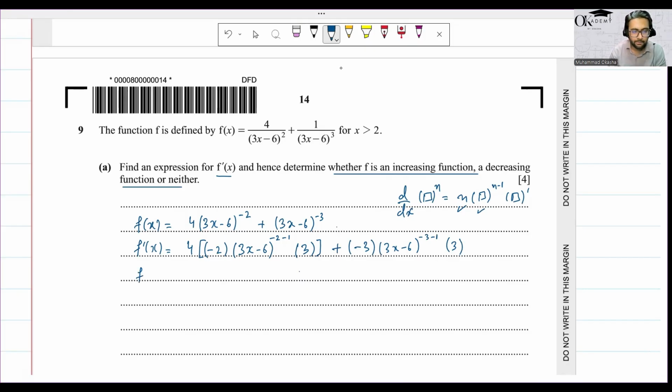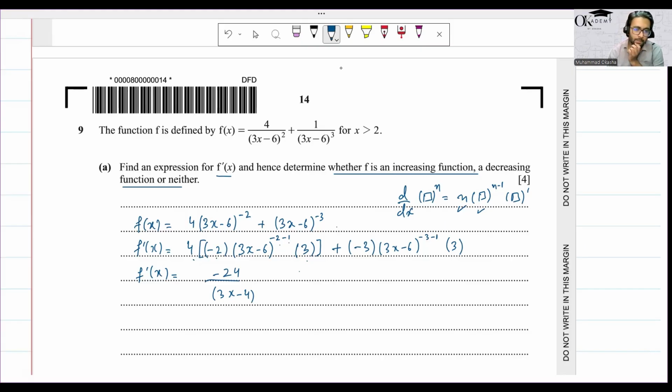Let me write this carefully. 4 times negative 2 would be negative 8. Negative 8 times 3 would be negative 24, over (3x minus 6) to the power negative 2 minus 1, which is negative 3. If it goes into the denominator, it becomes positive 3.